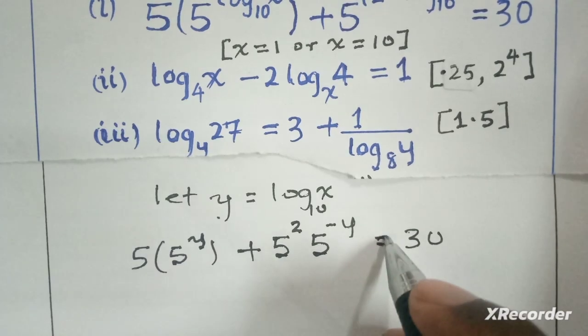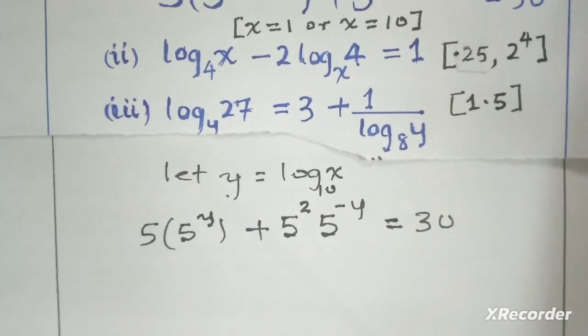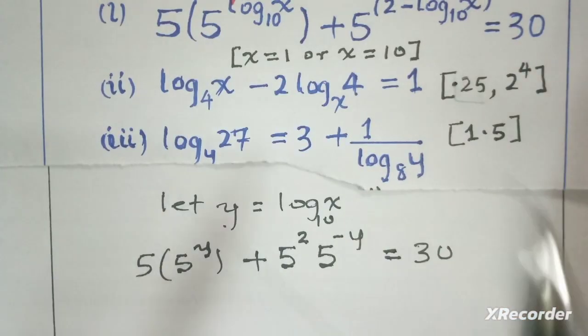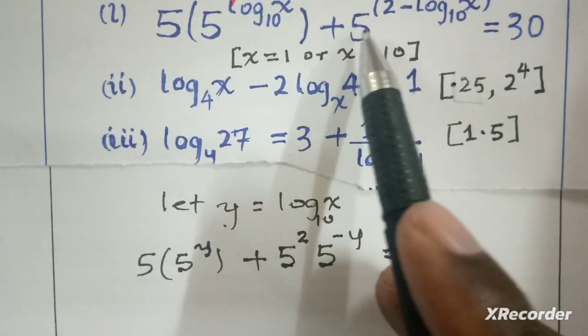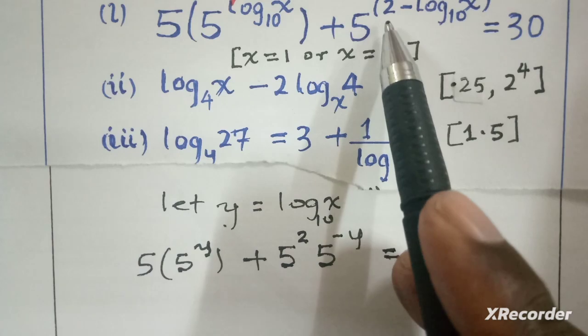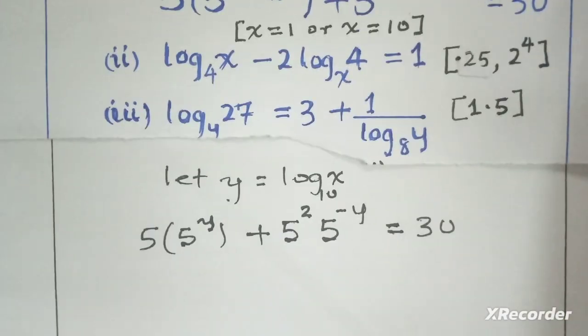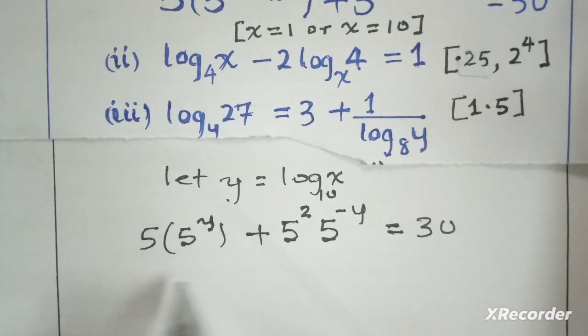I hope you understand, guys, because this comes from the law of indices, whereby if you are given such a figure, you can change it and write 5 squared, and then you write 5 to the minus that. So we continue.